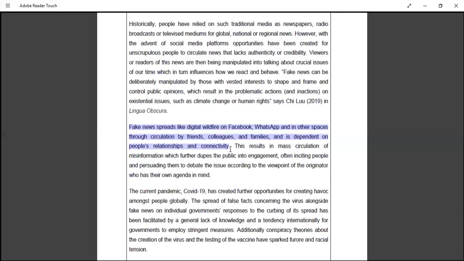Look at the simile there, spreads like wildfire. On Facebook, they mention all the social media platforms. Now, that adds more weight to the first idea to say, okay, then the problem about this thing is that it spreads much more quicker than the traditional ways, which creates more problems because it's not easy to stop it now.